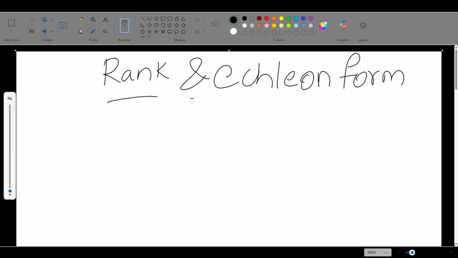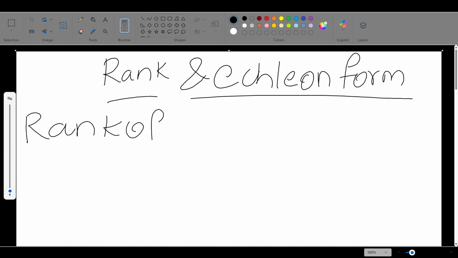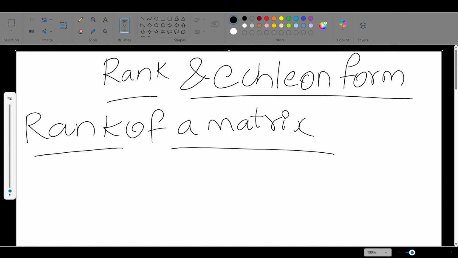Okay. So now, rank of a matrix. What is the rank of a matrix? The rank of a matrix is nothing but the maximum number of linearly independent rows or columns in the matrix.